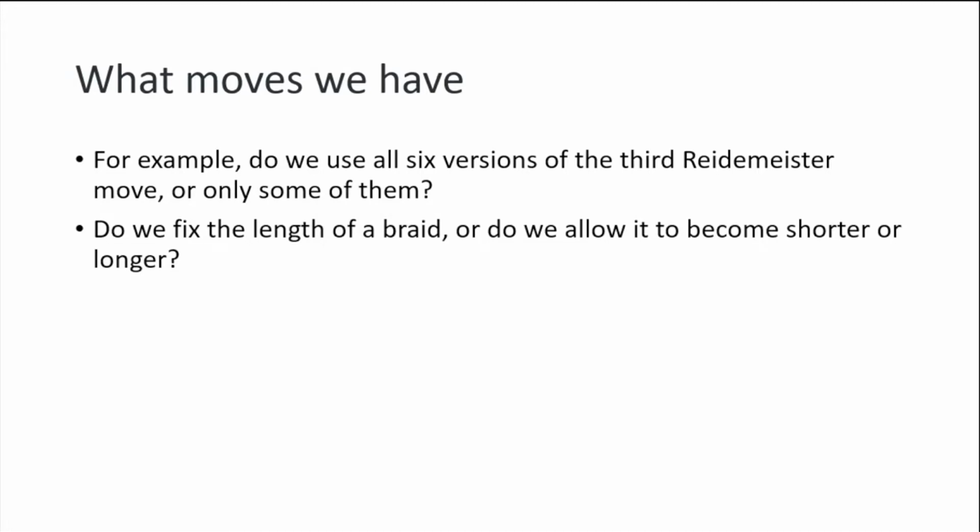For example, there are 6 different versions of the third randomizer move, so we had to decide whether we want to program all of them or just one of them, but then the computer would have to use the second randomizer move on either side of it to get to the right version of the randomizer move first. So that was one choice, and just using our experiments, we decided what is better, what is worse.